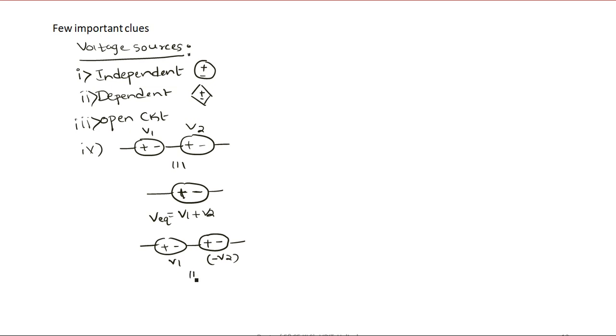Then no doubt the equivalent value will be V1 plus of minus V2, but the polarity depends on the highest magnitude of the source.